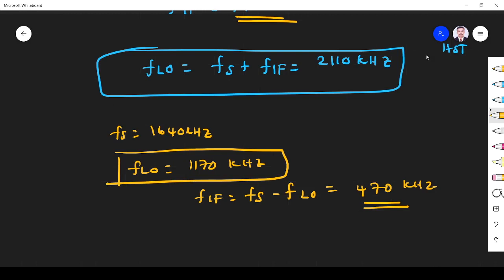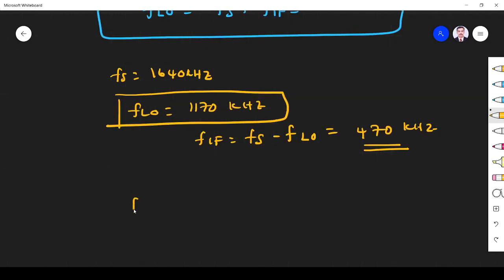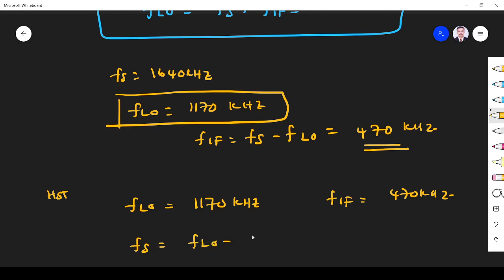Actually here I have used high side tuning. If I use high side tuning with FLO at 1170 kilohertz and FIF of 470 kilohertz, what should be the original signal I should have got? Fs should have been FLO minus FIF, that is 700 kilohertz.